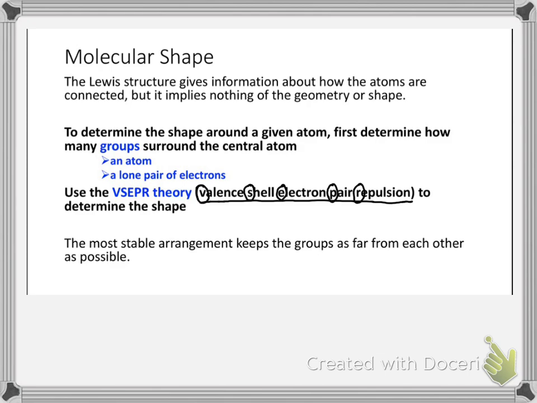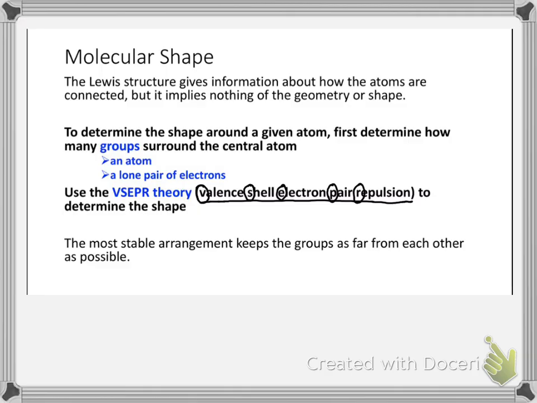So the shape predicted would have those electron regions, either bonds or non-bonding, around the central atom to get as far away as possible. Now, one con about the VSEPR theory is it really can only be applied to one central atom at a time. So if you have multiple atoms in a chain or a line in a molecule, you actually have to apply the VSEPR theory to each one, like they're each a central atom, and put it together like a puzzle.